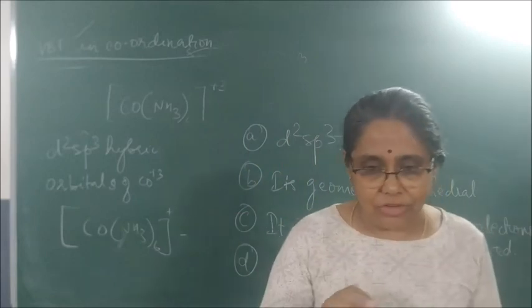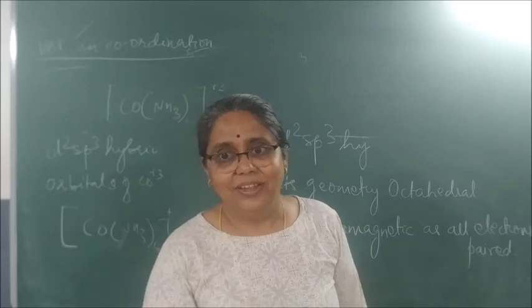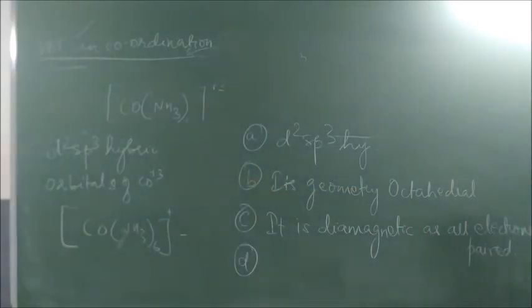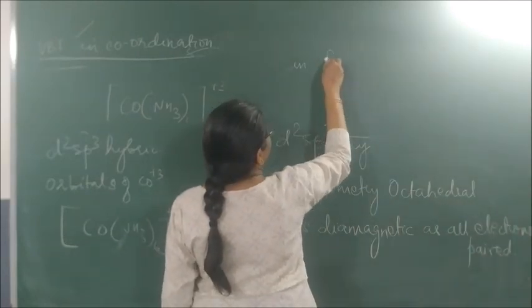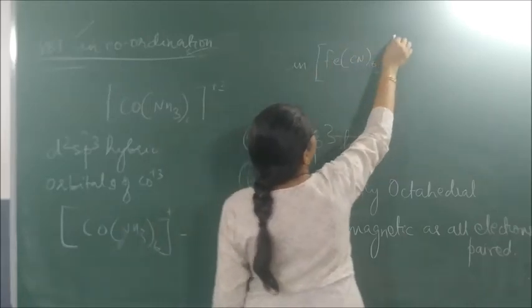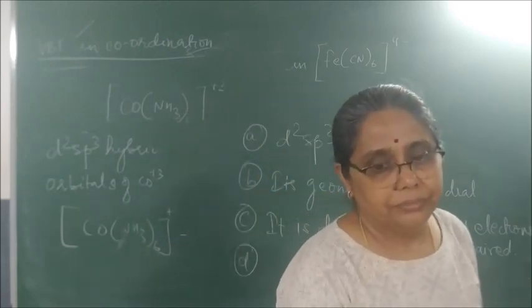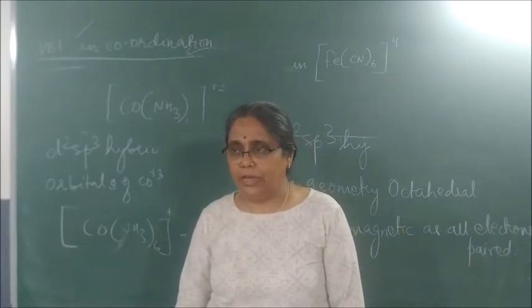Show hybridization, geometry, and magnetic property in [Fe(CN)6]4-, the ferrocyanide ion.